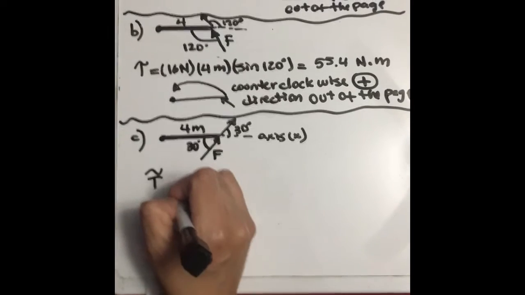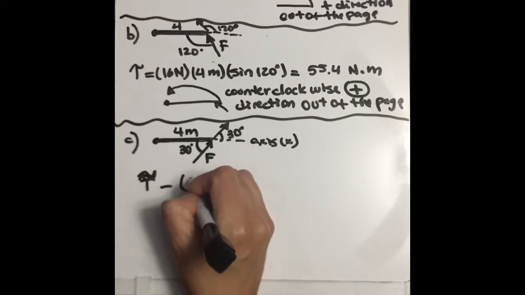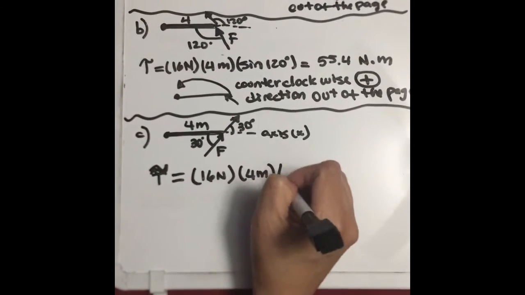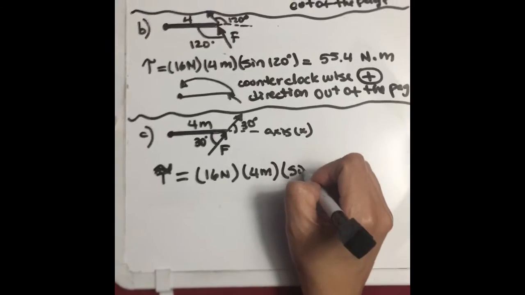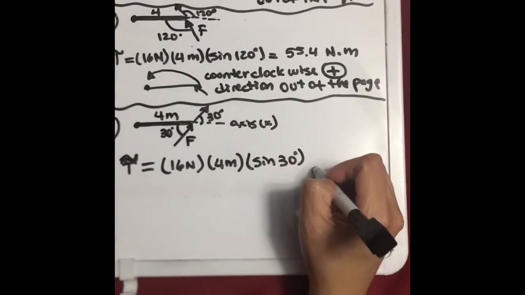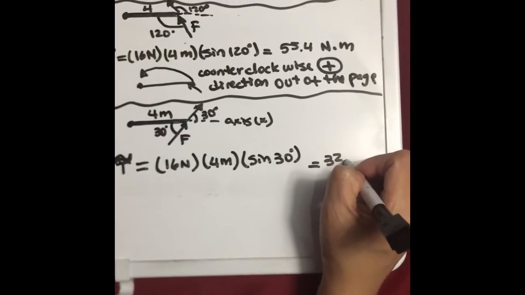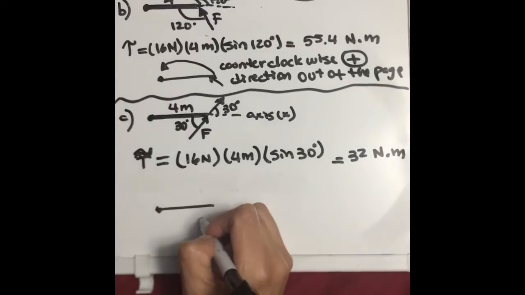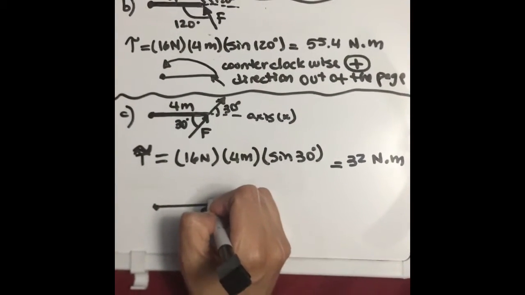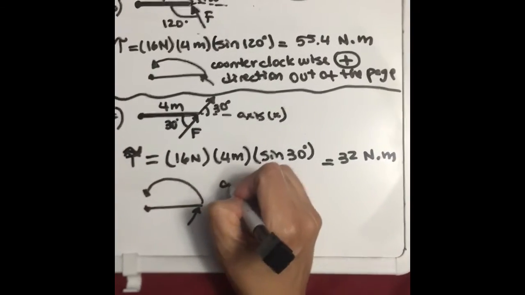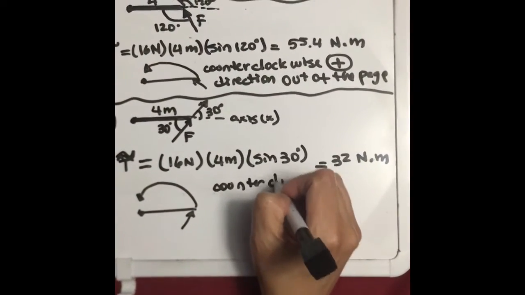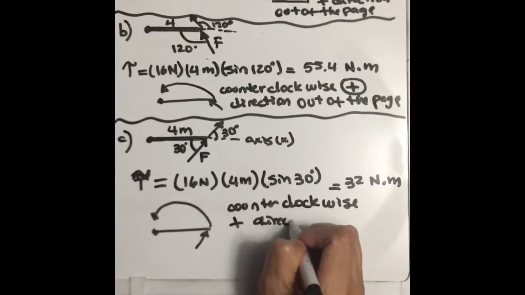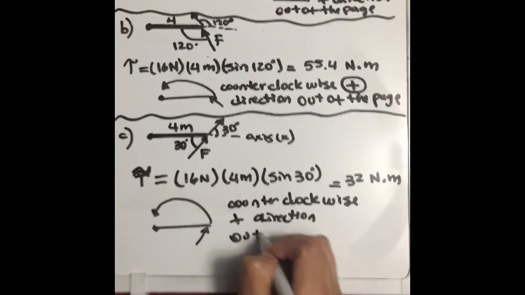So torque is going to be equal to 16 newtons times 4 meters times sine of 30 degrees, and this is going to be equal to 32 newton-meters. And again, this is the door, this is the force, and it makes the rotation again counterclockwise, positive direction, out of the page.